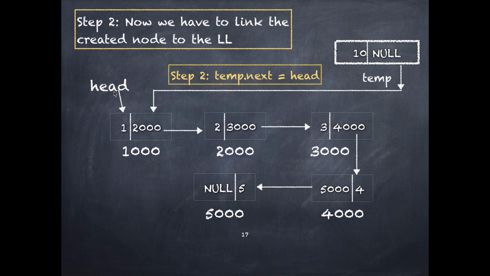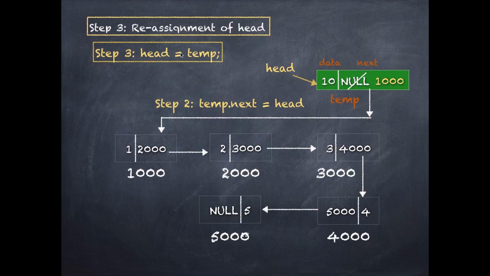One more step is pending, that is the head has to point to the newly inserted node because that is the first node being inserted into the linked list. So what is that step? You can see here head is equal to temp. When you do the reassignment of the head, you have to do head is equal to temp.